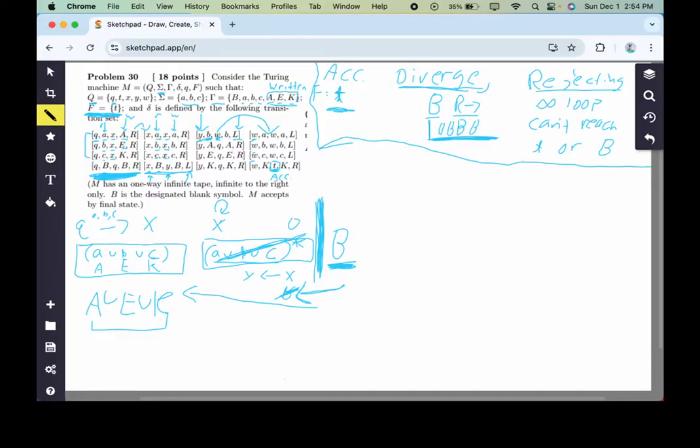So if I get stuck looking at a capital A, capital E, capital K, this means that I see an A, let's say, I write it over with another A, and I go back to state Q. Now I'm kind of at the start again.